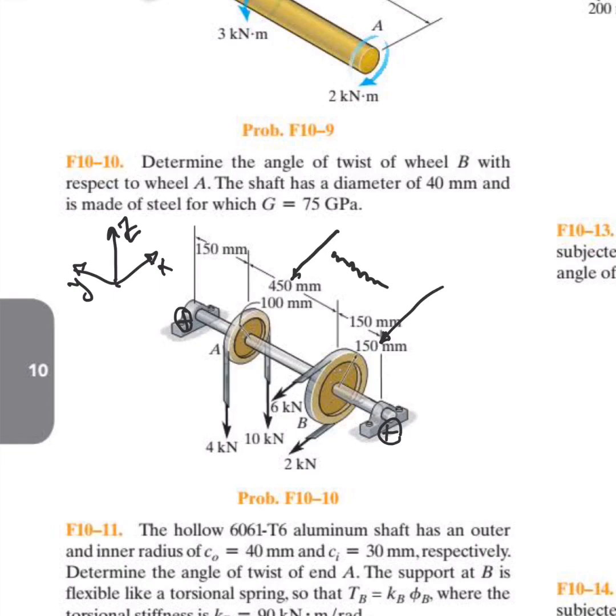Similarly, in the x direction, the summation of forces is 6k negative 2k, which is negative 8k. Therefore, there should be 2 components here in the x direction to counter this effect and keep the system in equilibrium.